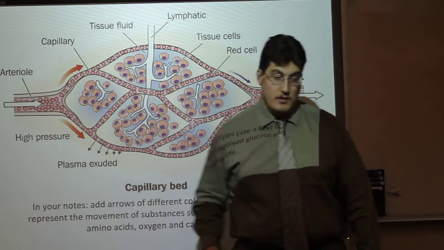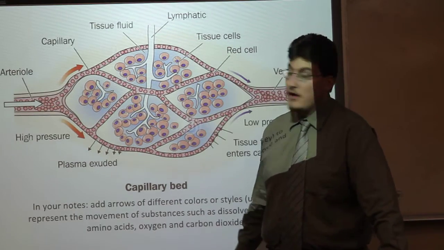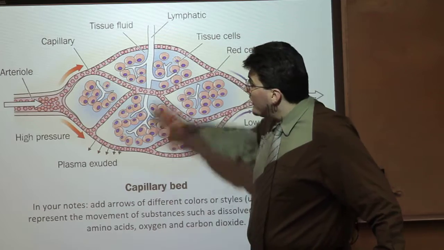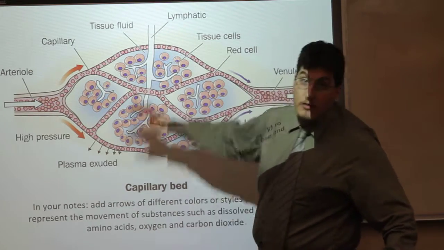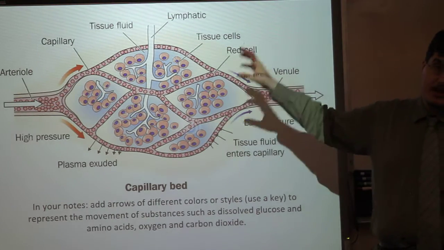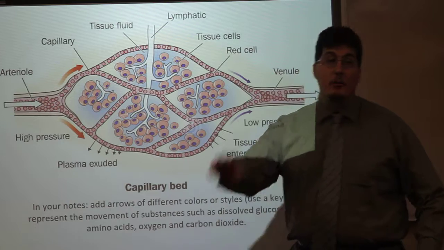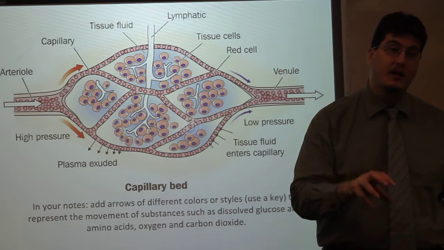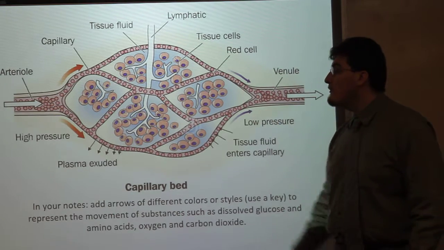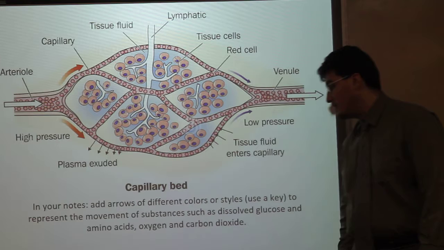We have oxygen moving from high partial pressure to low partial pressure, from arterial to tissue. We have carbon dioxide moving from high partial pressure in the tissues to low partial pressure in the blood. We have glucose moving from high concentration in the blood to low concentration in the tissues. We have amino acids moving from high concentration in the blood to low concentration in the tissues.